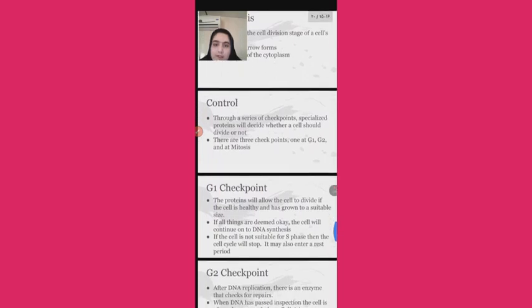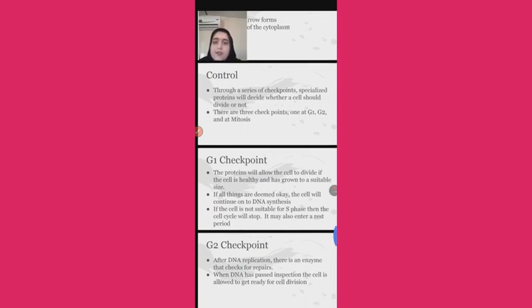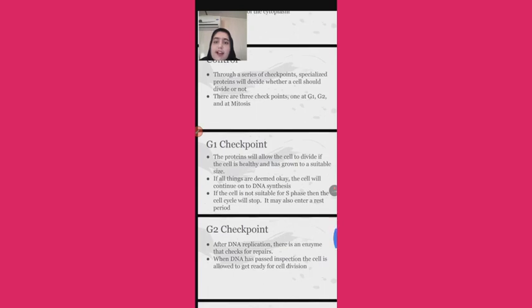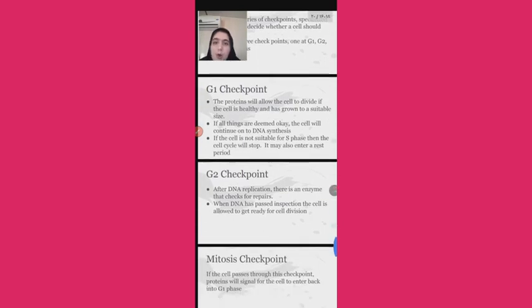And control: through a series of checkpoints, specialized proteins will decide whether a cell should divide or not. There are 3 checkpoints: one at G1, G2, and the mitosis.